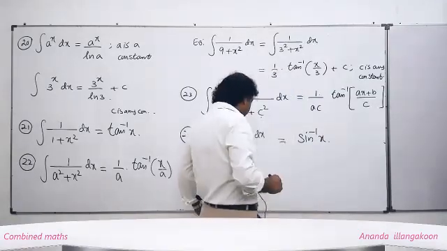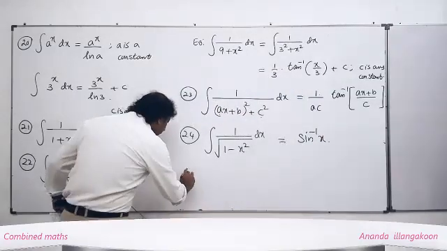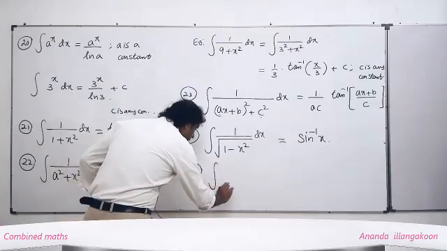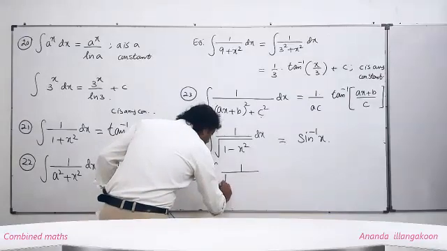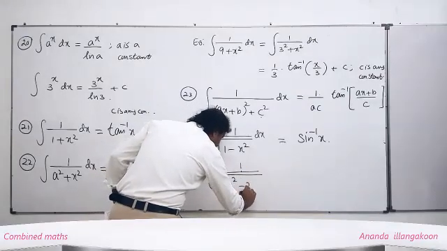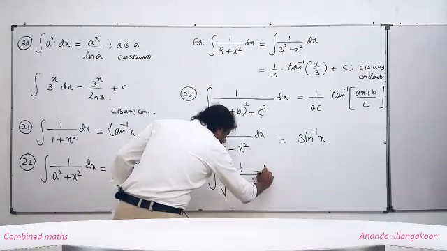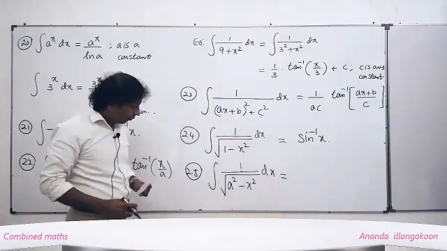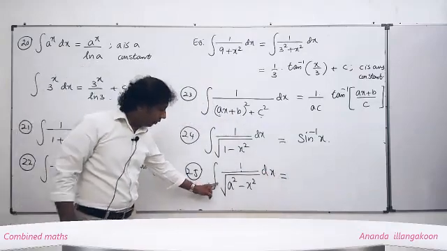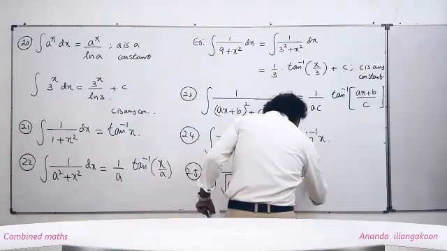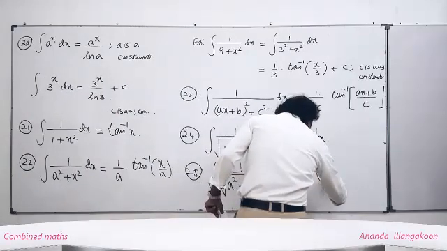The 25th one: integral 1 upon square root of a squared minus x squared dx. People, this answer is sin inverse of x upon a.